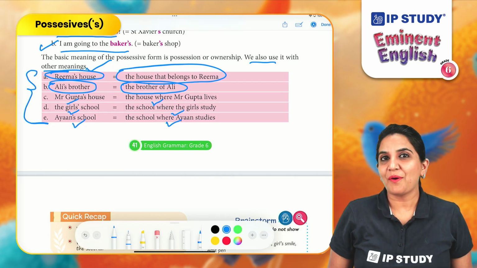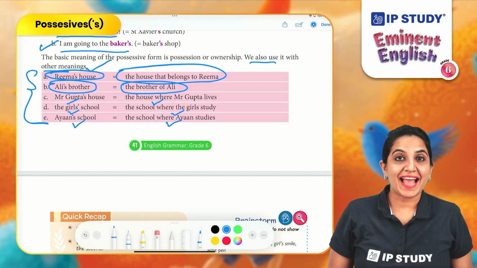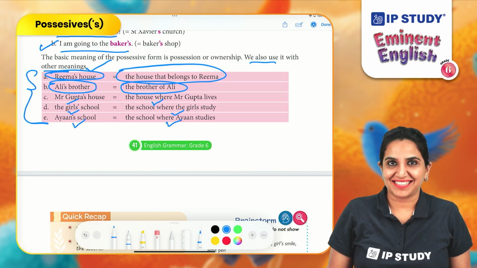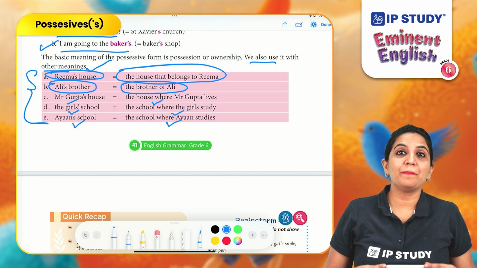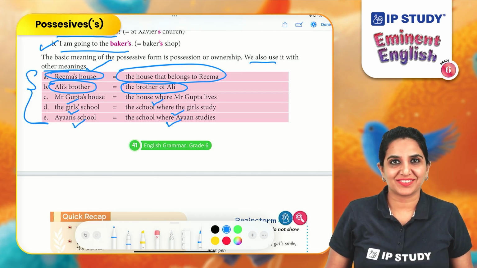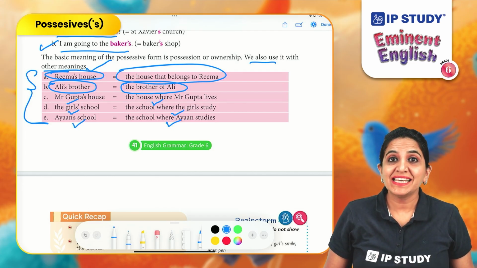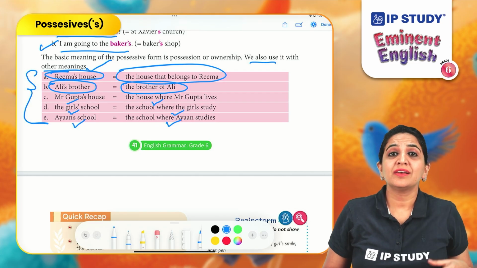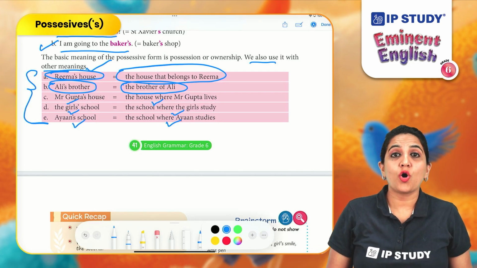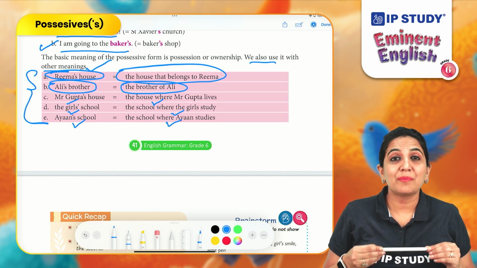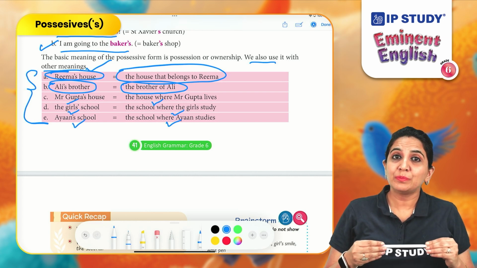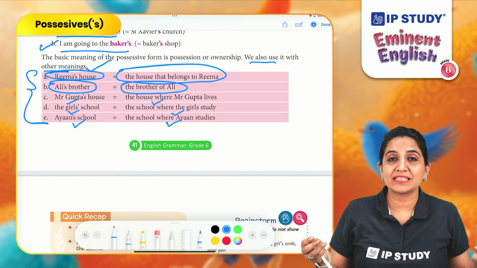So that was all about possessives and apostrophe and s. Possessive forms help us to show the belongingness or possessions. Apostrophe helps us to shorten two words or to form short forms and contractions. Apostrophe and s help us to shorten the big phrases in the sentences.